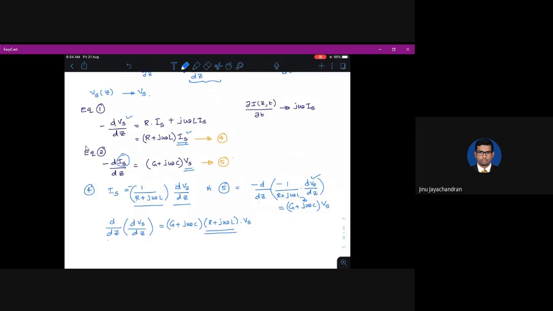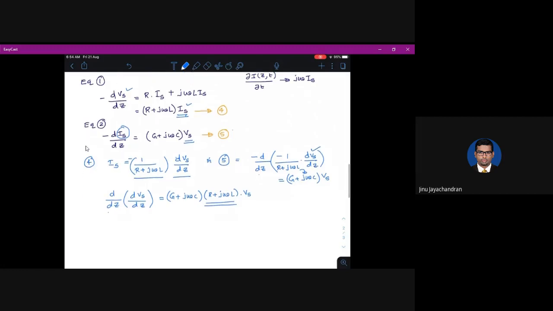What is d by dz of dVs by dz? It is basically d square Vs by dz square. So that is equal to (G plus j omega C) into (R plus j omega L) into Vs.